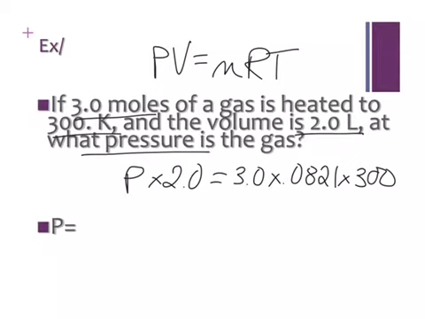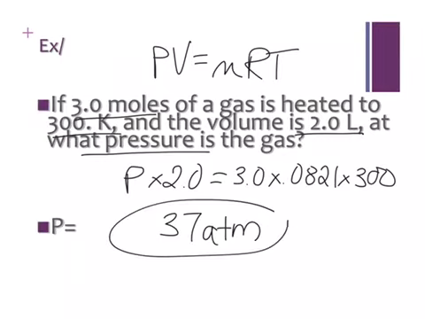So what's the pressure of this gas? My least number of sig figs is 2, so I'm just going to round this off to 37, and again, pressure is in ATM, so pretty high pressure here. Okay, so again, you know R, you know 3, solve for the remaining 1.